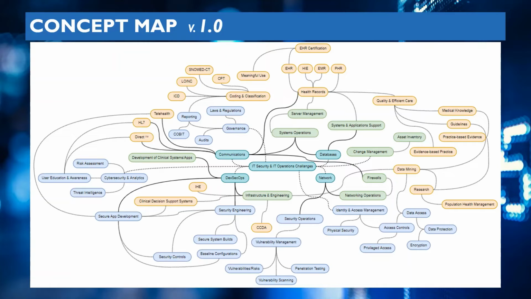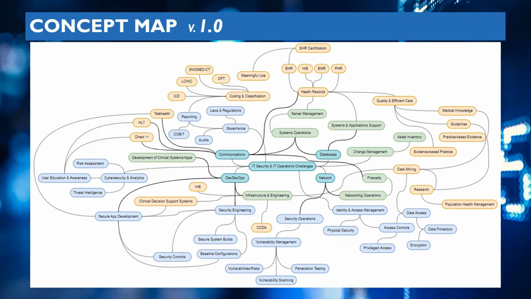And so what I've done is also split up the 3 main areas of IT security, IT operations, and health informatics within their own colored bubbles, blue being security, green operations, and orange health informatics. And as you can see, there's a lot of connections going on.